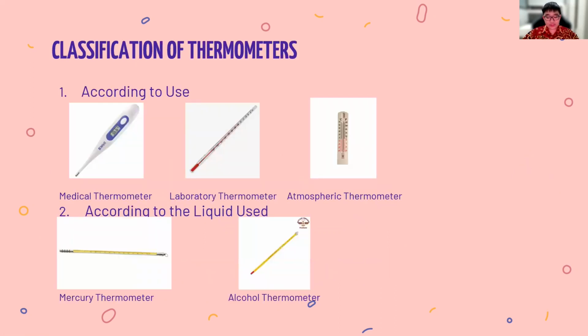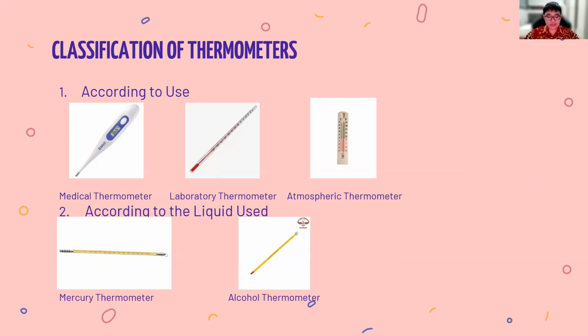For thermometers, there are a lot of kinds of thermometers in this world, but they are classified into two classifications. First, according to use, and second, according to the liquid used. For the first classification, according to use, we have three. First is the medical thermometer.